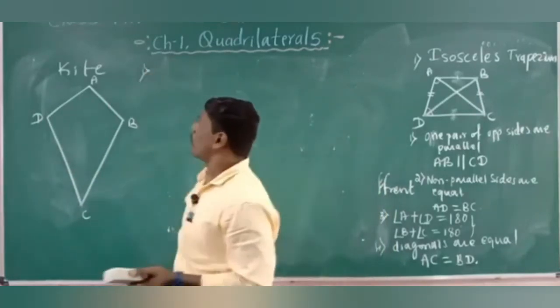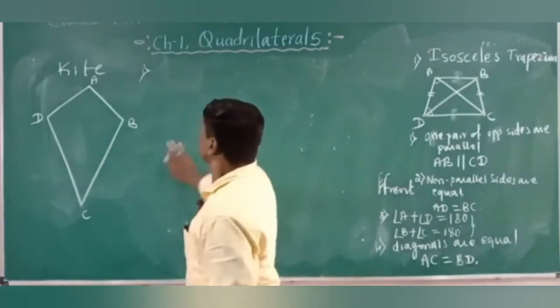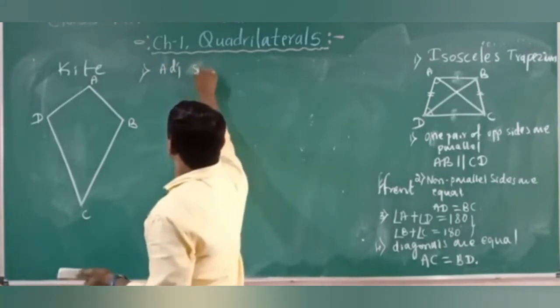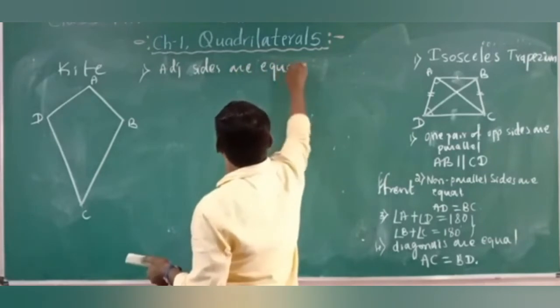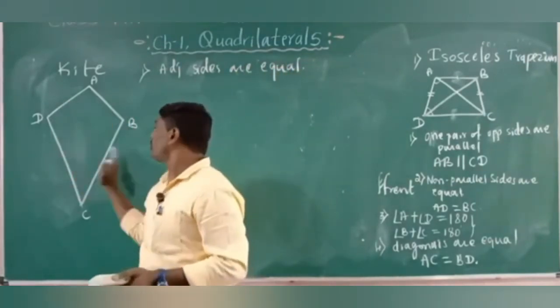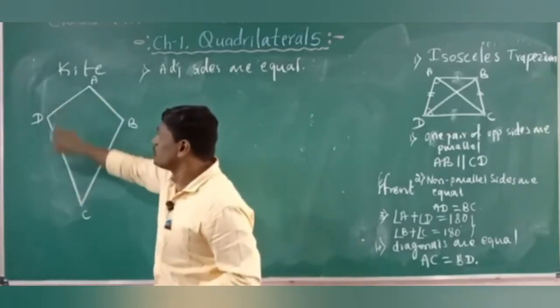So, the first property: adjacent sides are equal. The top two adjacent sides are exactly equal and the bottom two adjacent sides are exactly equal, but we cannot consider these two pairs as equal to each other.